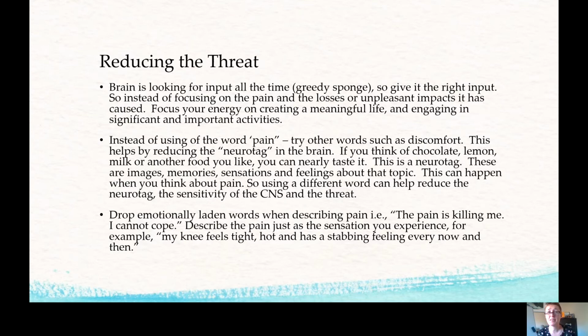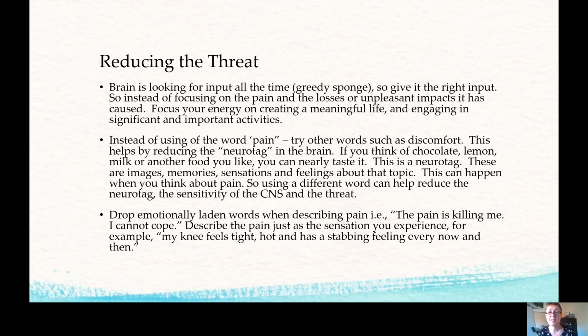Another really interesting thing is to think about using the word pain and maybe changing that up. As soon as you say pain, your brain's bringing up all of those memories of being in pain before. It's the same as anything that's familiar to us. If we think of the word lemon, we can actually think about the lemon tree in the backyard or lemonade or even maybe taste it, the sourness, if we really get caught up in that word.